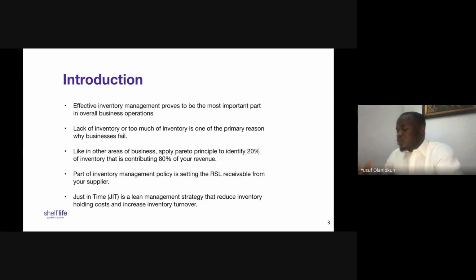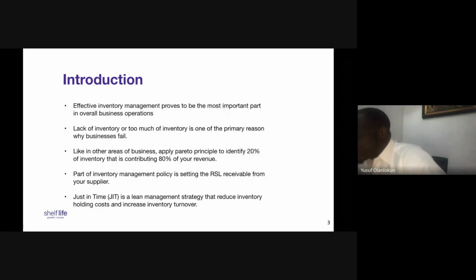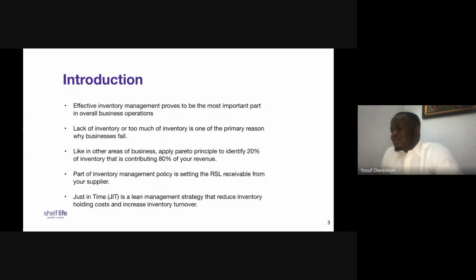So looking at the nature of our business, an average pharmacy has like 1,000, 1,500 SKUs, which is almost impossible to pay the same attention to all of them in terms of management. So it's important that you apply what we call the Pareto principle. You'll be able to identify 20% of your products that are responsible for 80% of your margin.